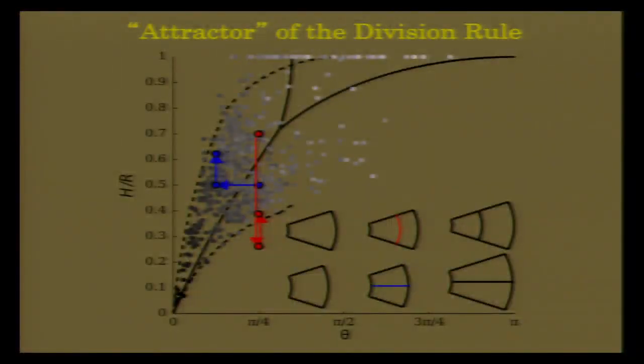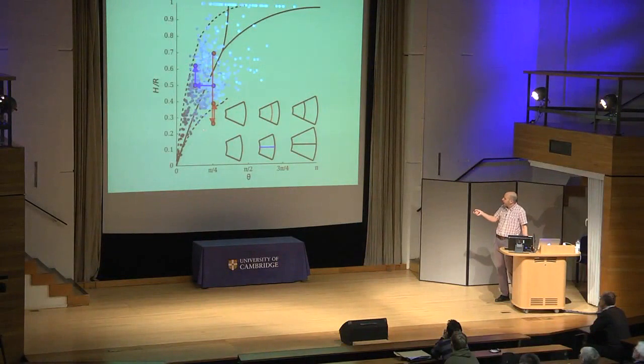And then comparing the movement associated with the blue division plane and the red division plane, you can see also that there is a net flow downward. Because you go up when you divide with a blue plane, but you go much more down when you divide with a red plane. So the sum of these two trajectories gives you a downward flow at the same time.